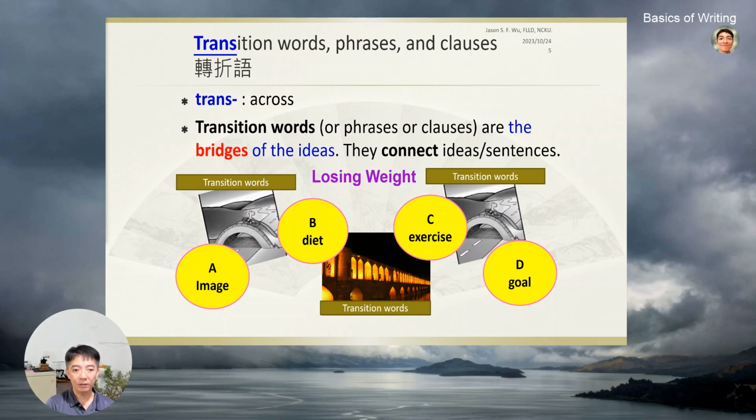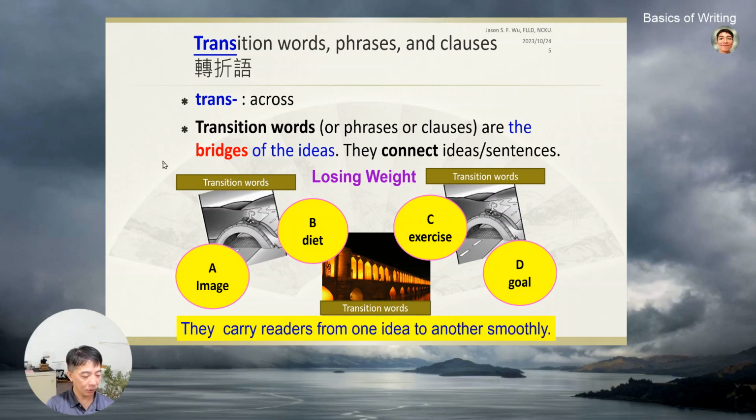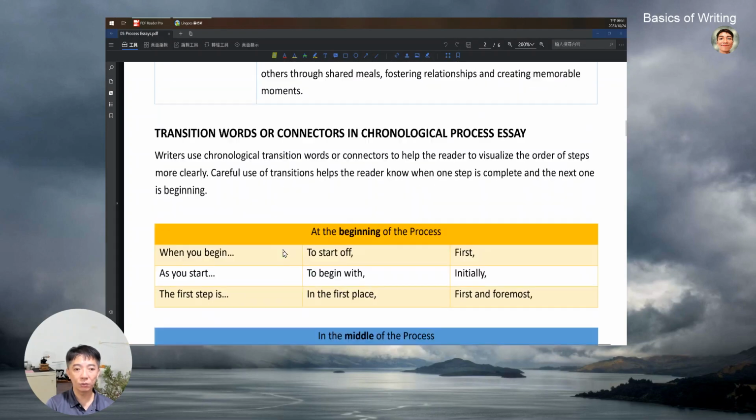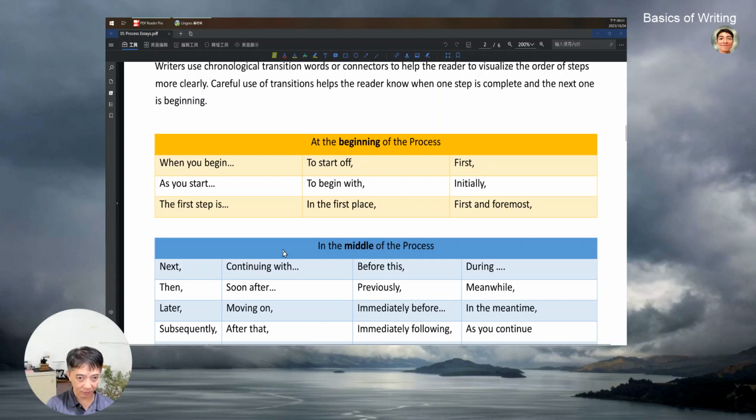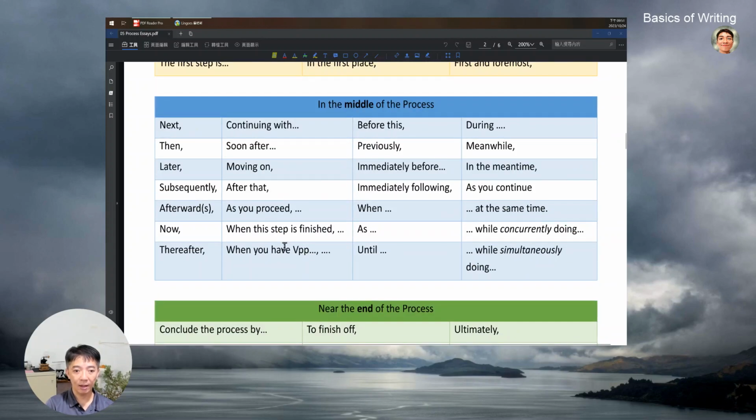So let's go back to look at your handout. In your handout, you will see transitional words. Basically, you can describe the process in three parts: first is the beginning, second the middle, and finally the end.